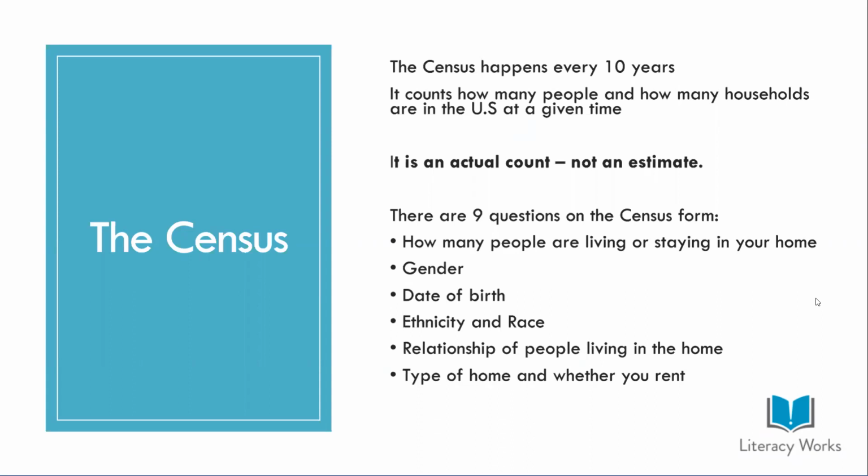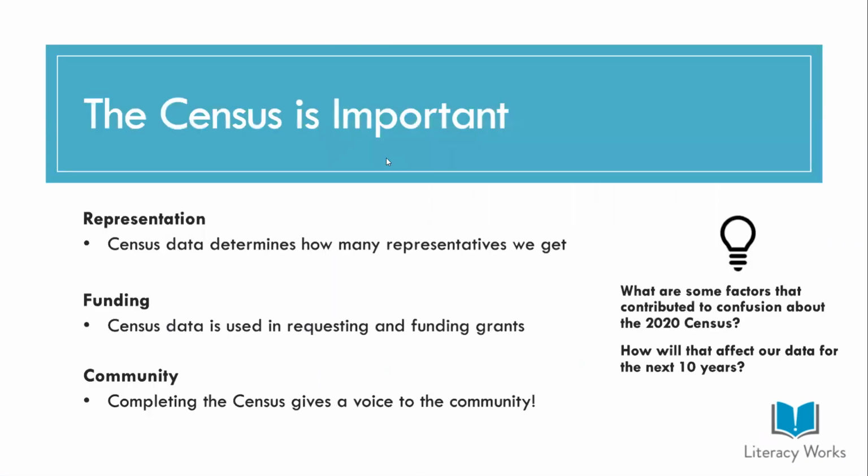But the good news is there are other purposes for the census. So we're going to talk about the American Community Survey. So the census is really important because it shows how many people we have in an area, and that shows how many representatives we can have.